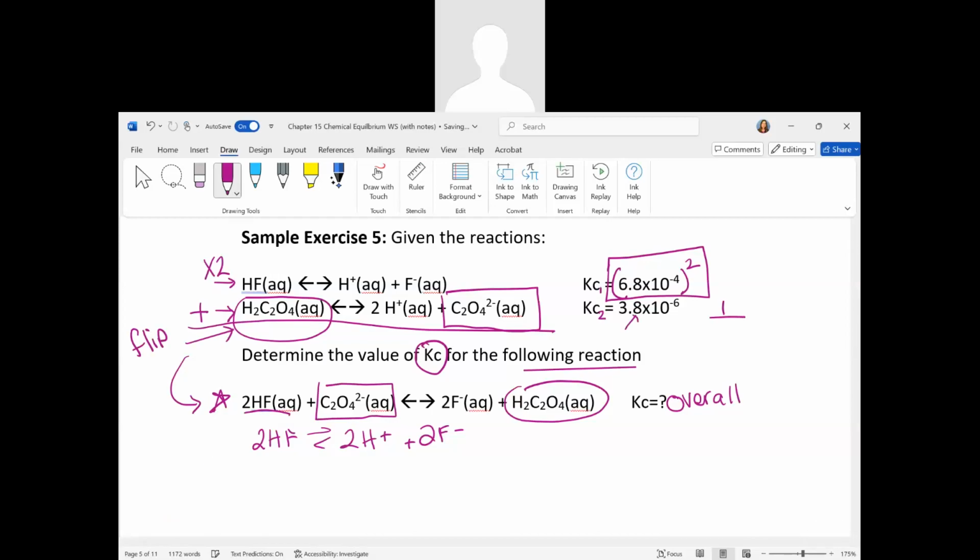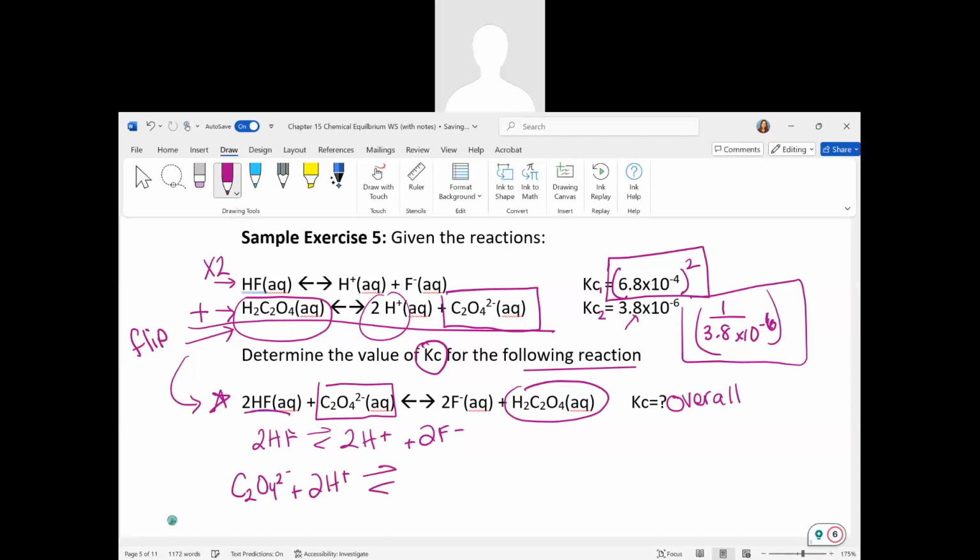That would end up being 1 over 3.8 times 10 to the negative 6, and that's our final version of Kc2 that we'll use in our calculation. In the meantime, let's invert this equation here. We already have 2H plus, so we're going to end up with C2O4 2 negative plus 2H plus yielding H2C2O4.